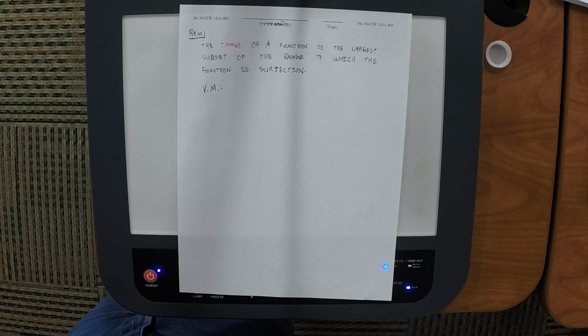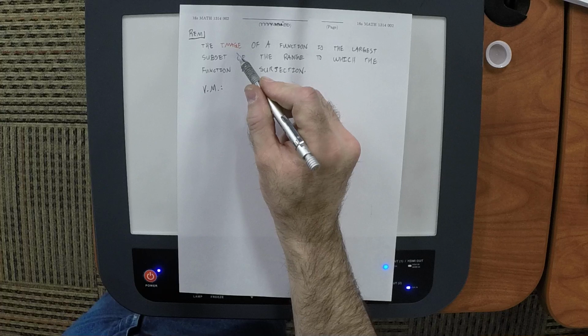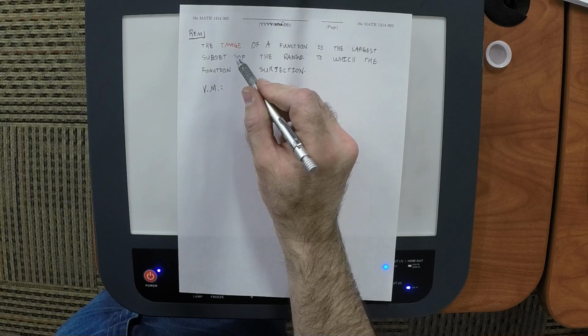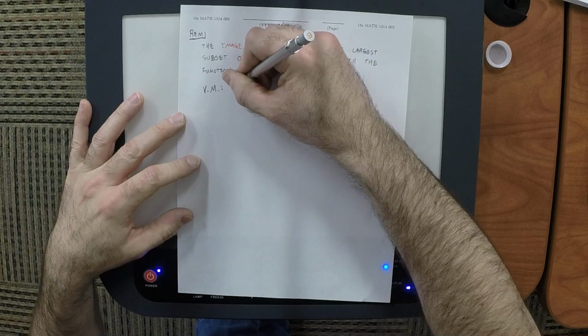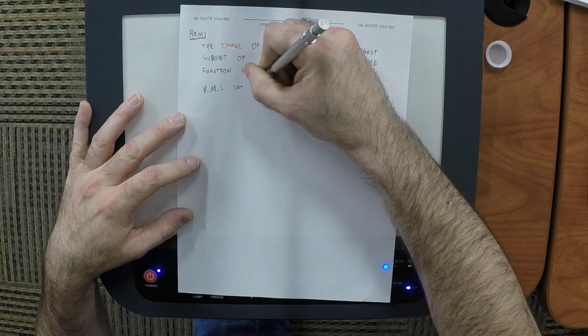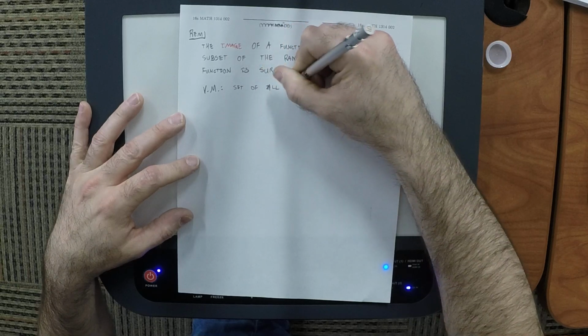Like maybe you really wanted that Snickers bar, but there is no button to get it. Well, the Snickers bar is in the range because it's visible, you can see it. But it is not in the image. So to make the vending machine analogy, the image is the set of all items which can be obtained.